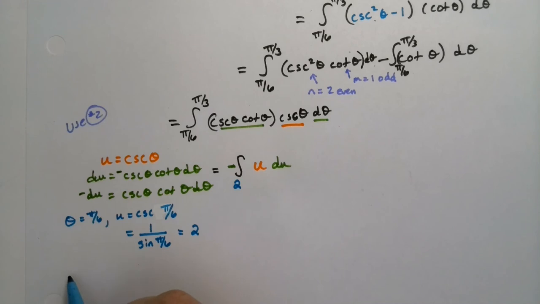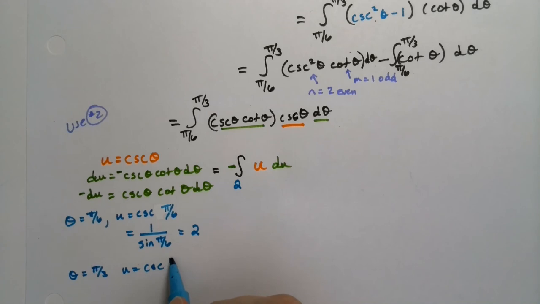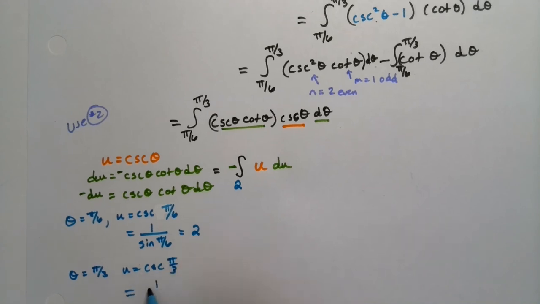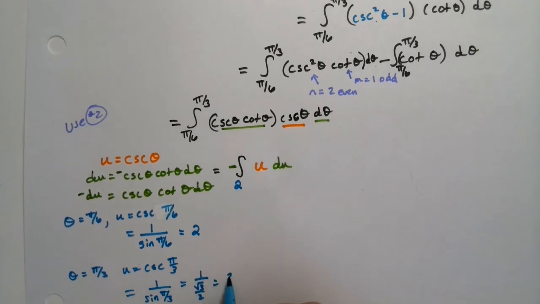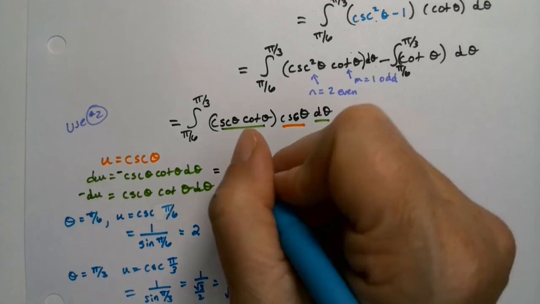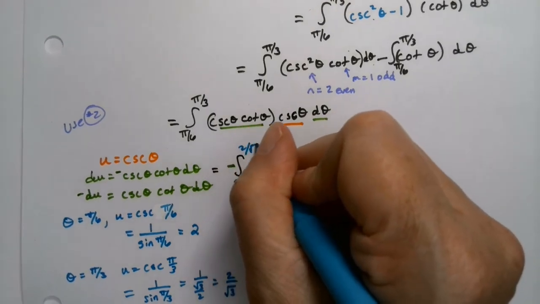All right, then if theta is equal to pi over 3, then u is the cosecant of pi over 3, which is 1 divided by the sine of pi over 3, which would be 1 over the square root of 3 over 2, which is 2 over the square root of 3. So that would be my next number up here.